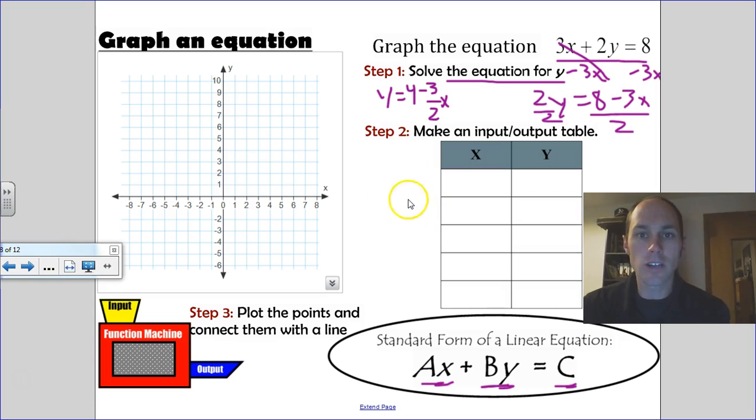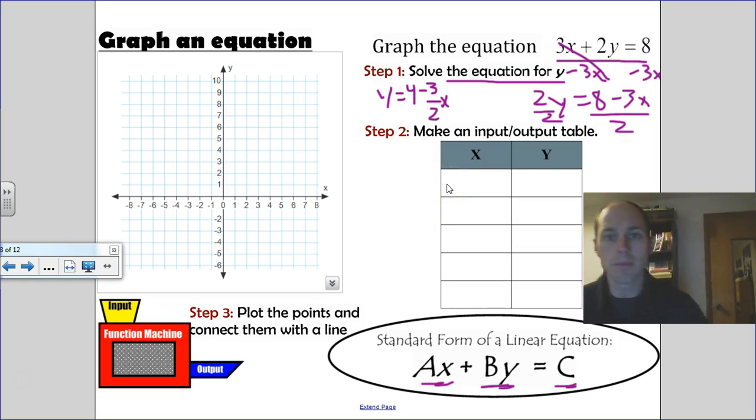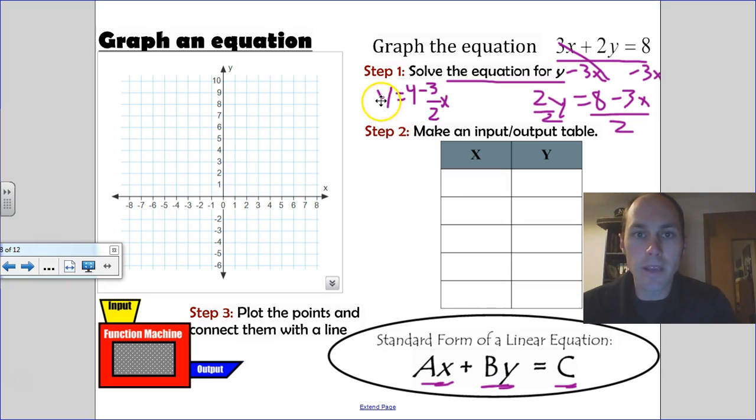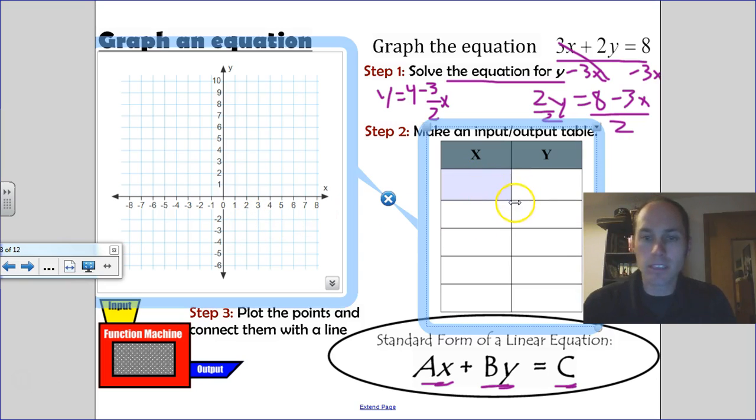So now if that's our equation, we need to make a table. The easiest way to make a graph, if you don't know any of the ways to get started, is just always create a table. And typically it doesn't matter what your values are, but let's choose different values. We want to try maybe some negatives.